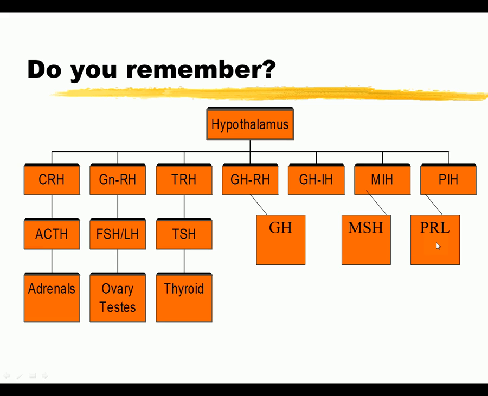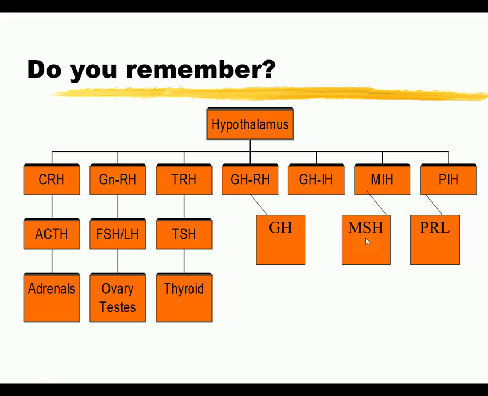Okay, non-tropic means they are stored in nerve tracts of the pituitary, and then they're just released when they are needed. One of the big things you need to remember, and this will come in real handy when we talk about the adrenal disorders, is that MSH is responsible for pigmentation. MSH is responsible for pigmentation.